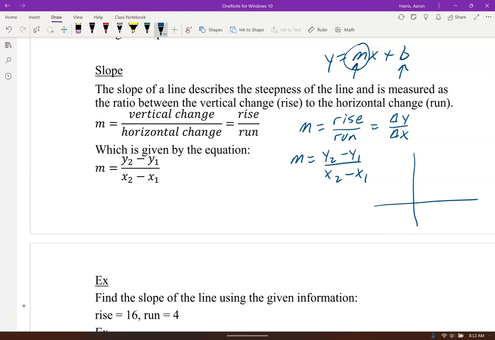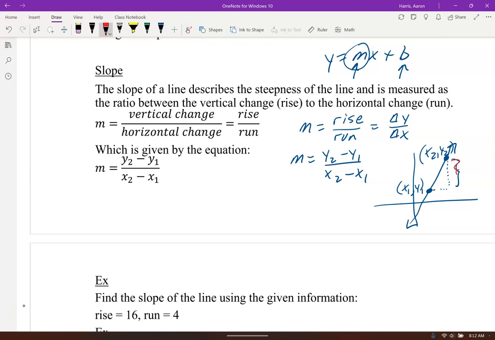So with a picture, say we have a line that's a positive slope here. And let's say we have these 2 points on the line. Here, let me label the points, x1, y1, and x2, y2.